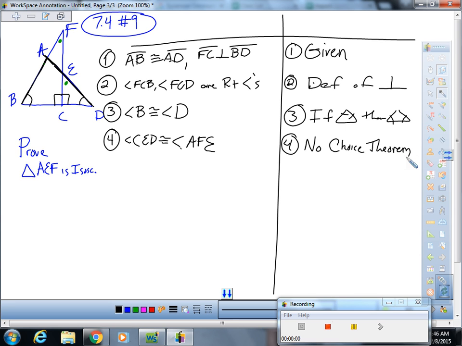Okay? Well, I think we're 2 steps away from having this done. We also know this, right? Vertical angles. Excellent. So we can say that angle CED is also congruent to angle FEA by vertical angles.